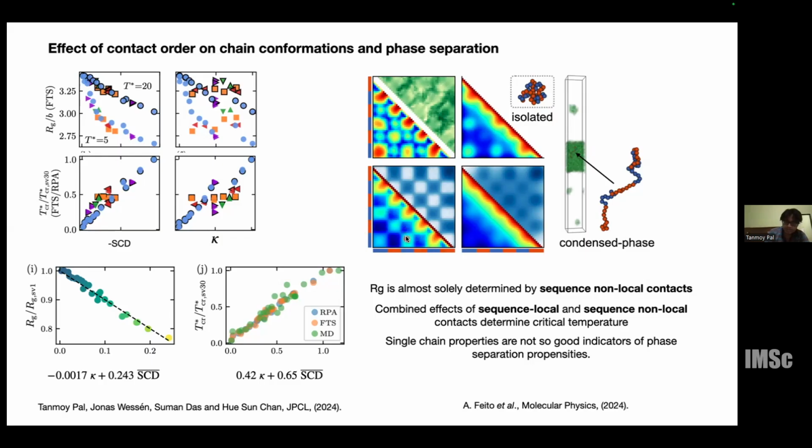These are less peaked and more smeared. But another interesting thing is that the single chain contact properties also show up in the interchain contact numbers. So this basically explains the mild correlation between single chain properties like kappa and SCD with the Tc.